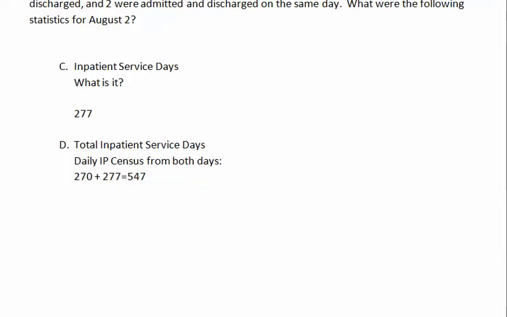Sorry, I'm having to scroll up and down, but daily inpatient census is, remember, equal to inpatient service days. So we've got the inpatient service days or the daily inpatient census from August the 1st, plus the inpatient service days or the daily inpatient census from August the 2nd, and we add those together for our total of 547.